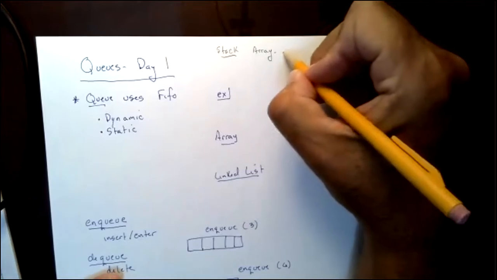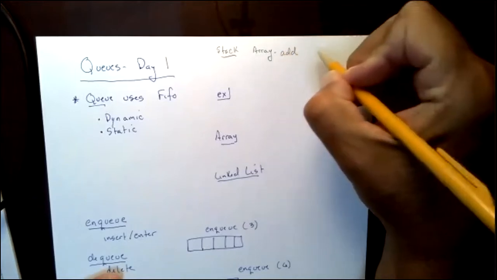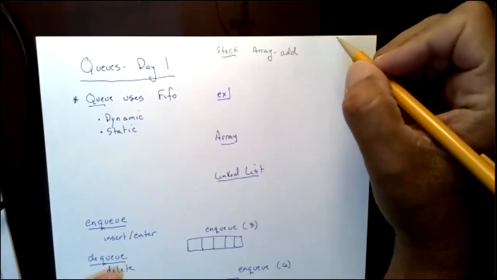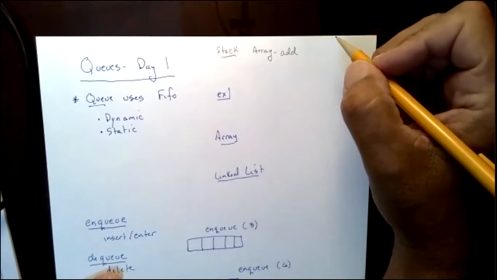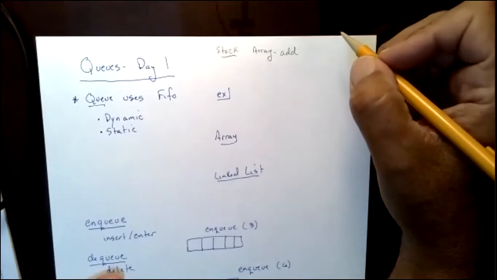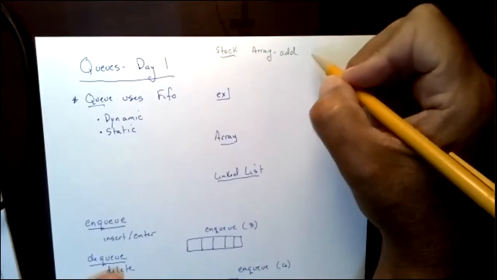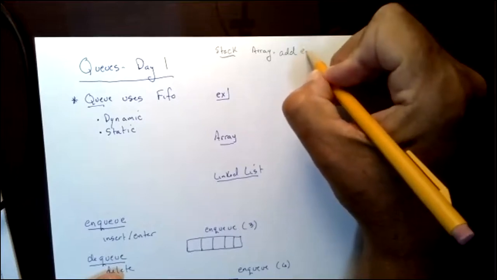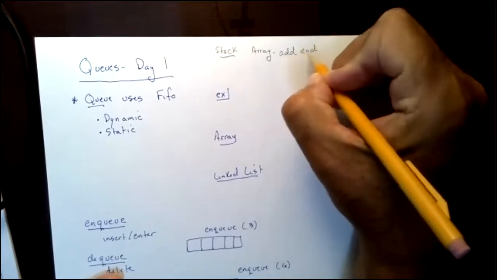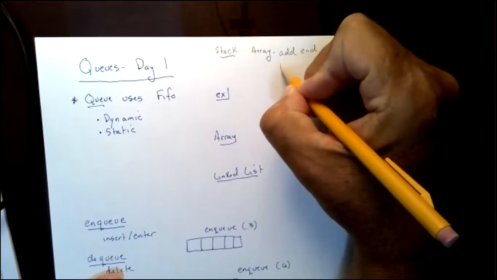I added to the top. Well, I think of the array as horizontal though. Did I add to the beginning or the end? End, right? I added to the end, and that was where I pushed, and then I popped.